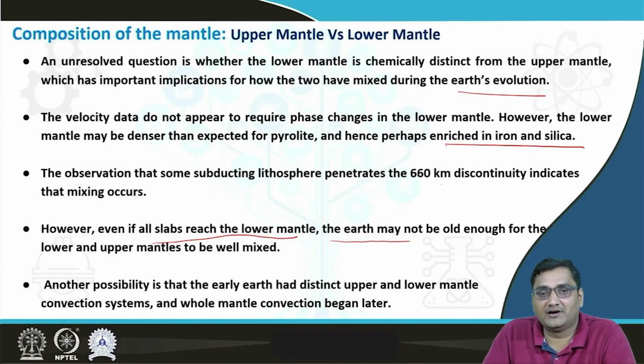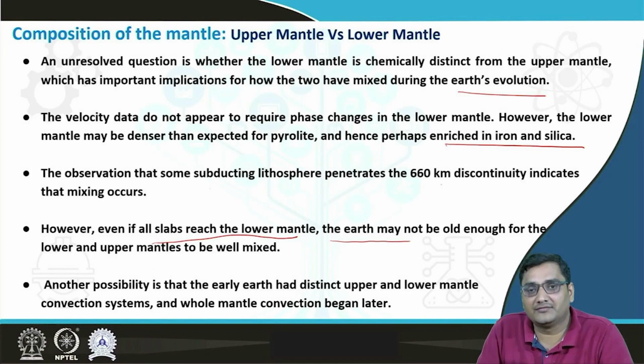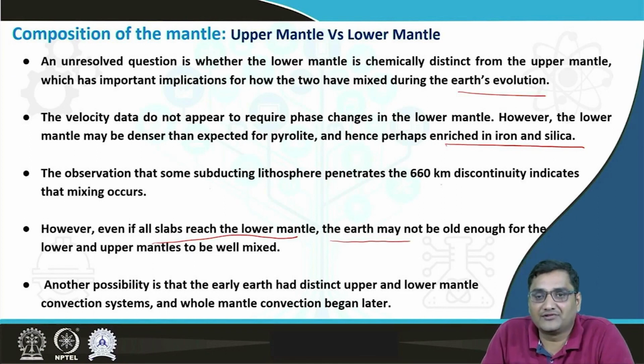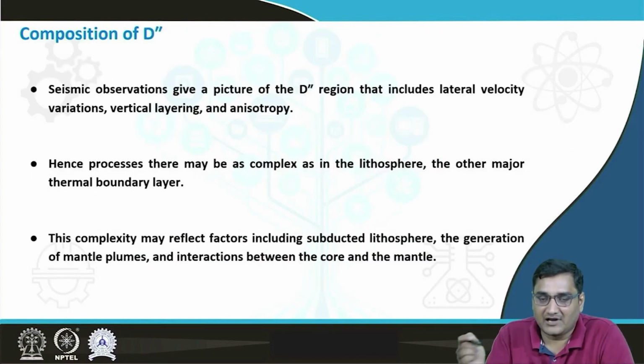Another possibility is that the early earth had distinct upper and lower mantle convection systems, and whole mantle convection began later. Now let's talk about the D double prime layer composition, which is the region that includes lateral velocity variations, and there might be the presence of vertical layering and also the presence of anisotropy.